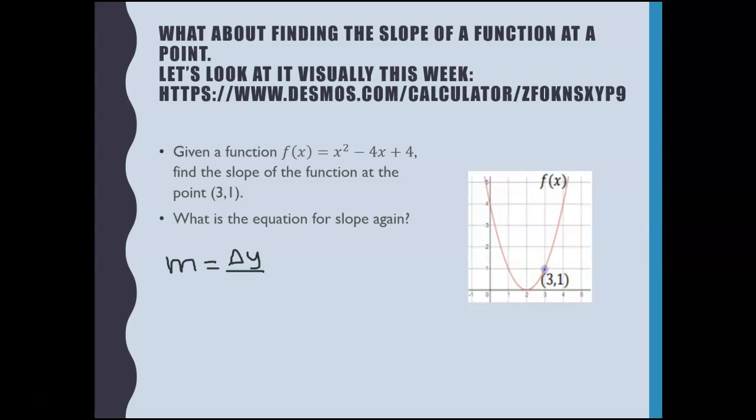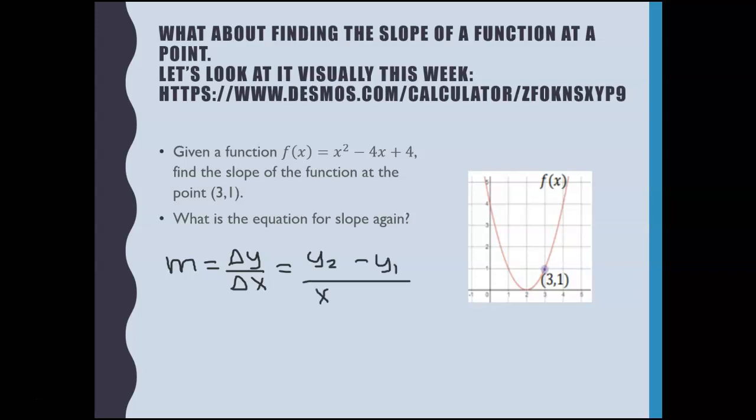Exactly. Or in this case, how did we find it in all of the warm-ups? We compared 2 points. So our equation for slope is simply a comparison of 2 points.